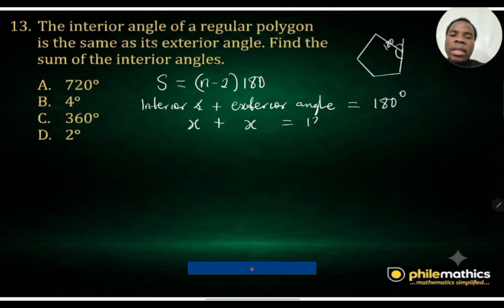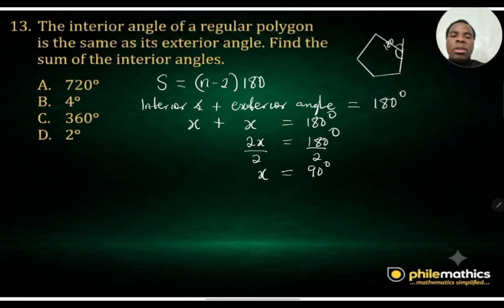This sums up to 180, so 2x equals 180 degrees, and if we divide both sides by 2, we find that x is 90 degrees. So this is the angle of each interior angle or each exterior angle, since both are the same.